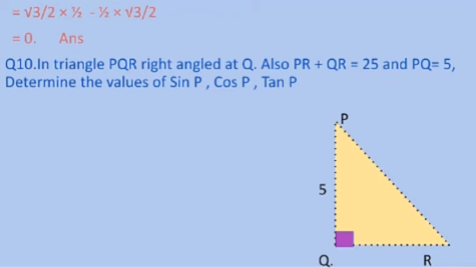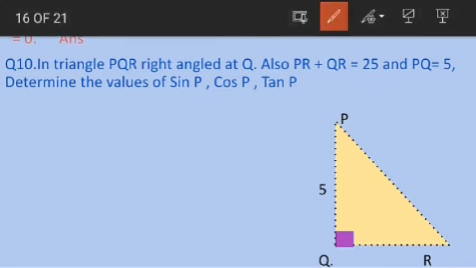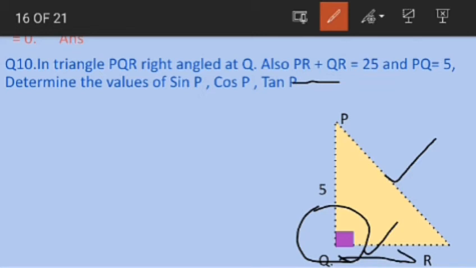So in question 10, we are given a triangle PQR, which is right angled at Q, okay. So here it is right angled at Q, and we are also given that PR plus QR, that is this side and this side, the addition of these two sides is given to be 25 here class.